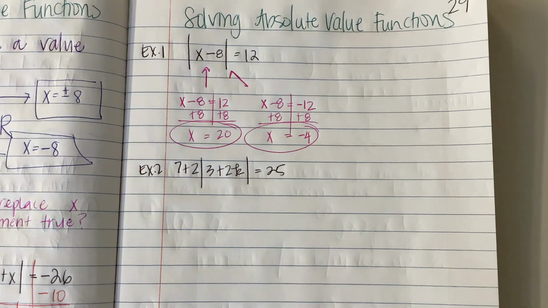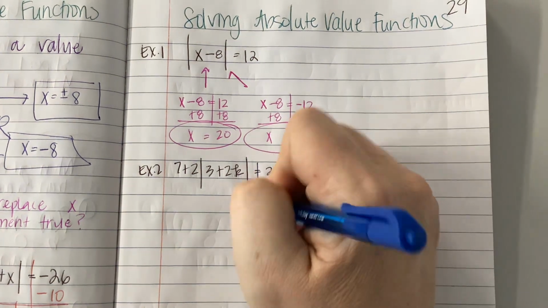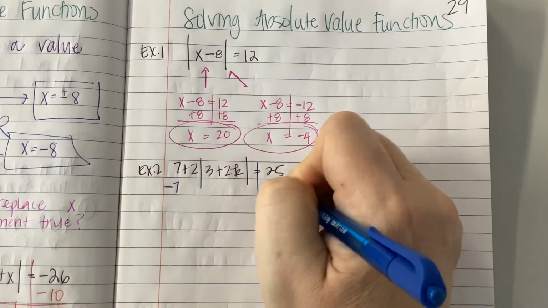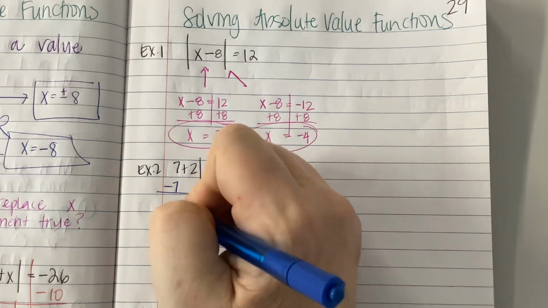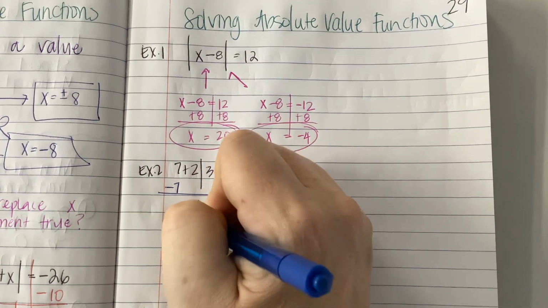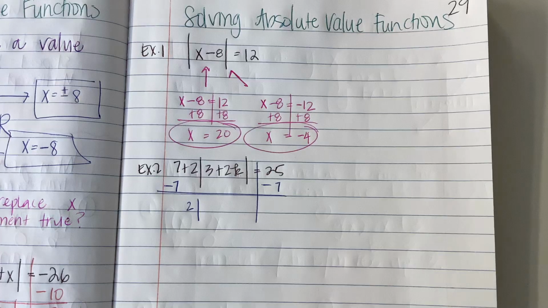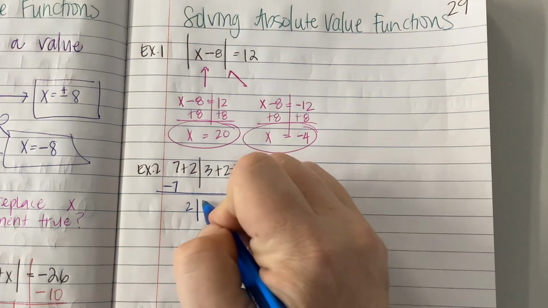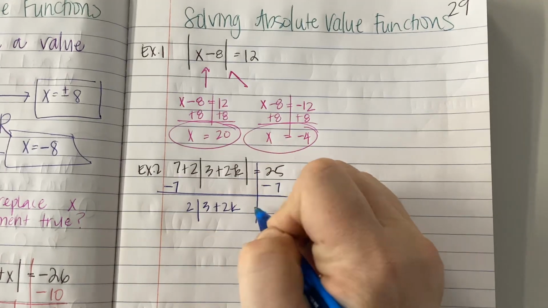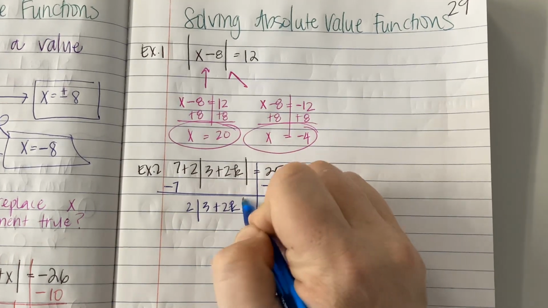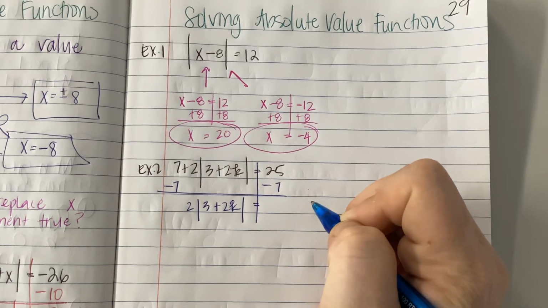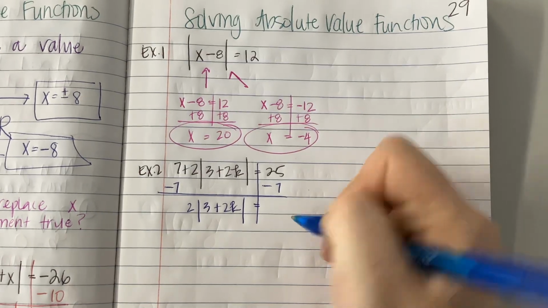So let's isolate. Minus 7, 2 times the absolute value of 3 plus 2k equals 18.